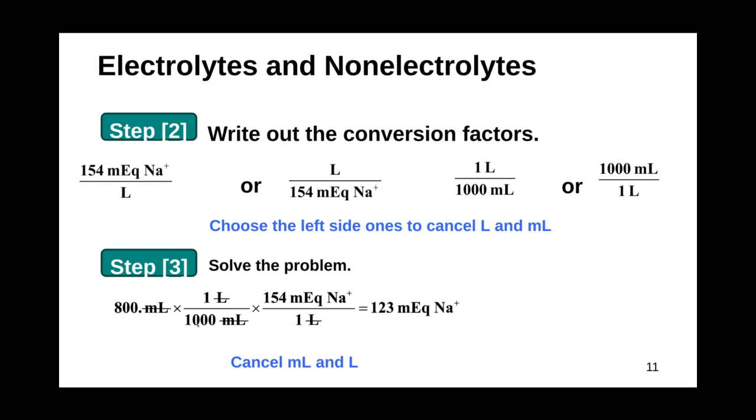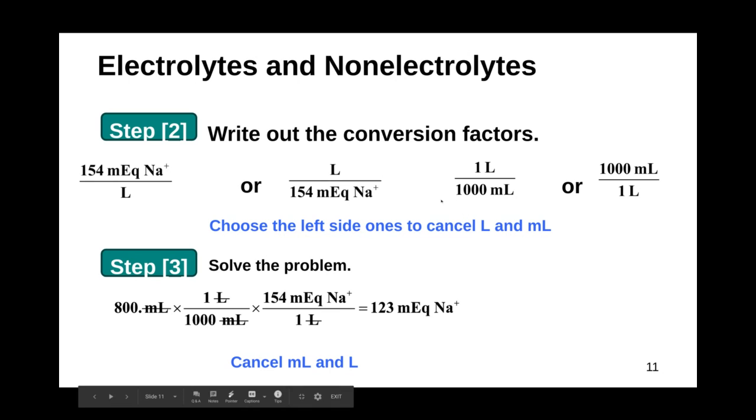We want to go to liters because our original quantity, mEq per liter, is in per liter. So we have to convert one of these to liters, right? So we'll choose to convert 800 milliliters into liters here.